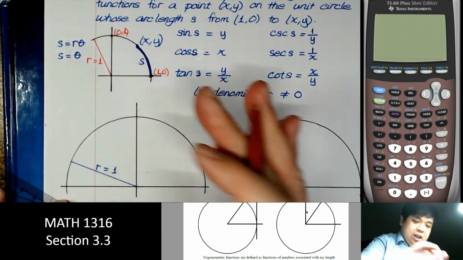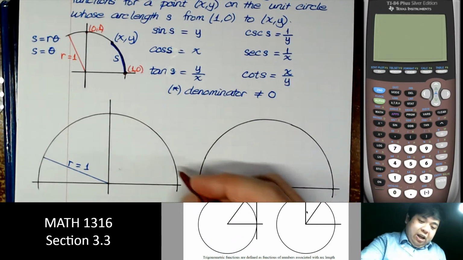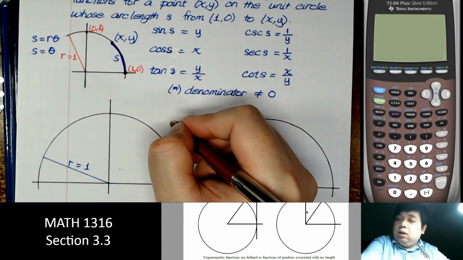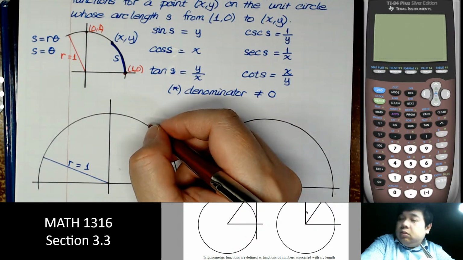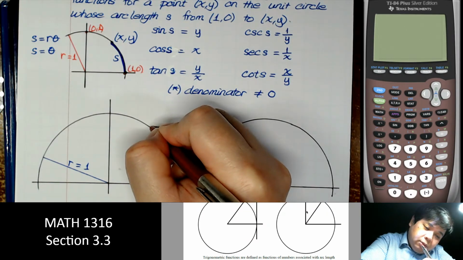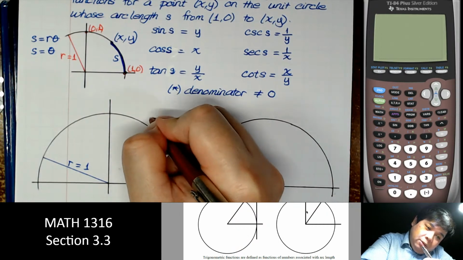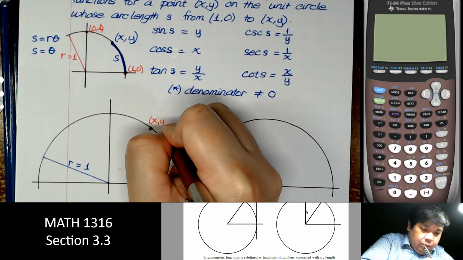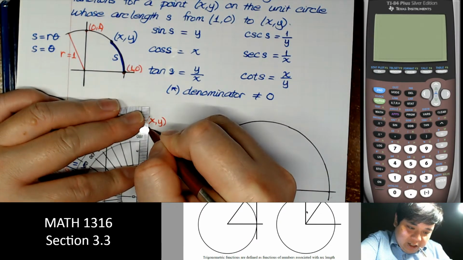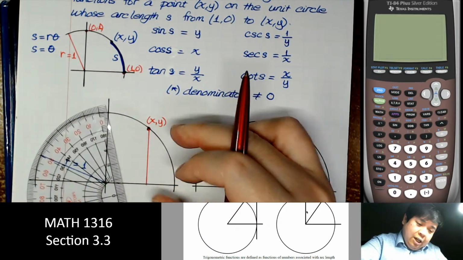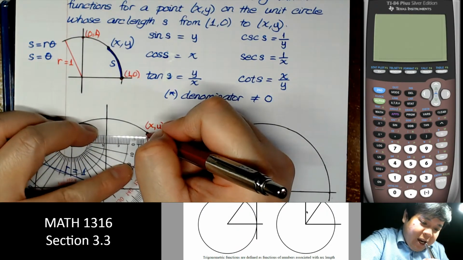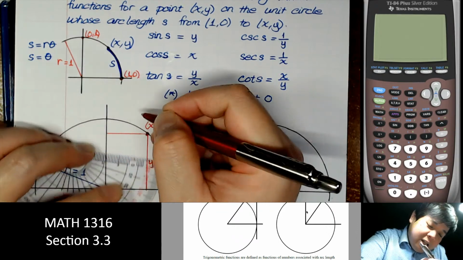Now, what I'm trying to draw for the definition here is, let's say we have a point here. If the point is there, this is going to be the y values, and the horizontal distance is the x values.